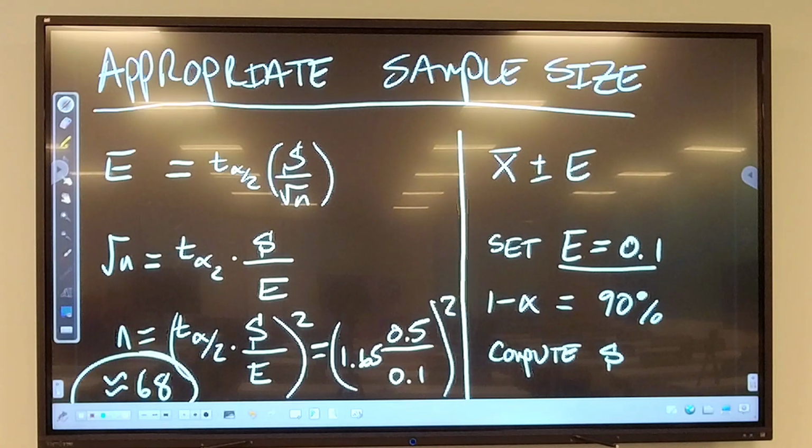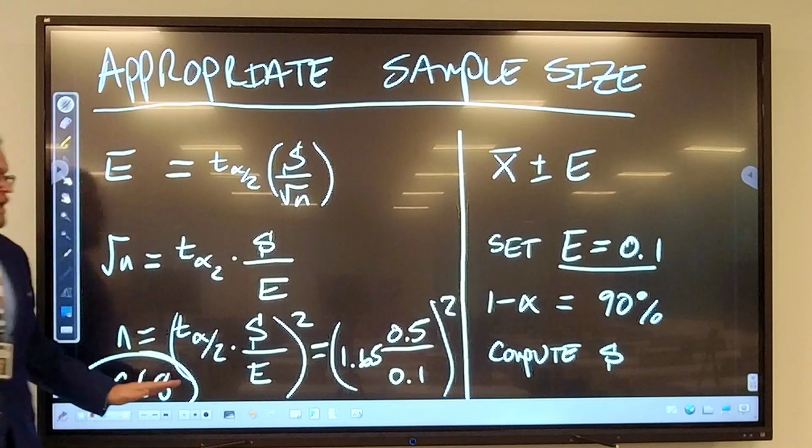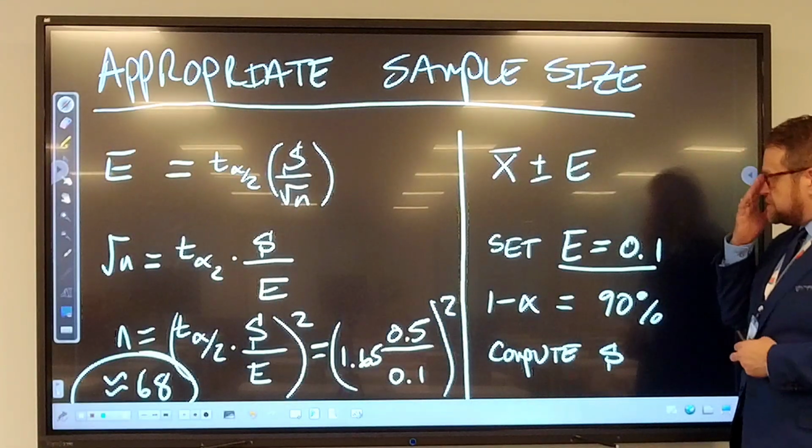About 68.06. So if I had a sample that was any bigger than that, it'd be a waste of resources if this is as accurate as you need to be.